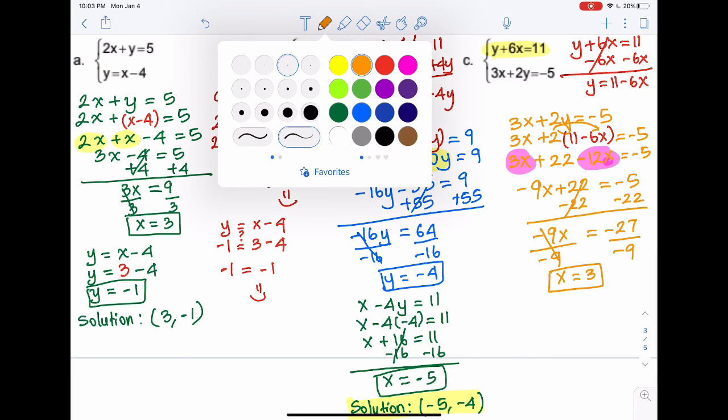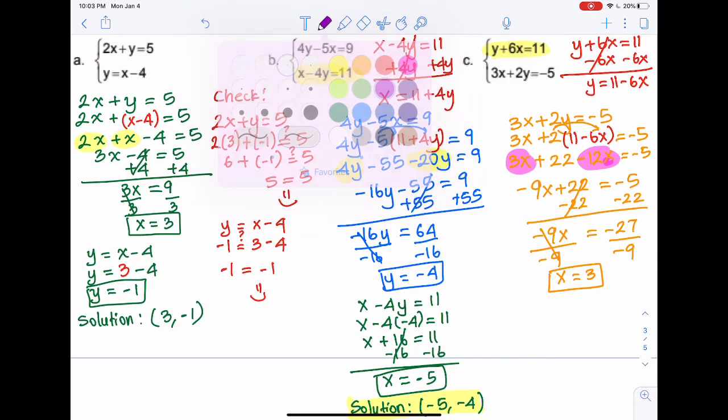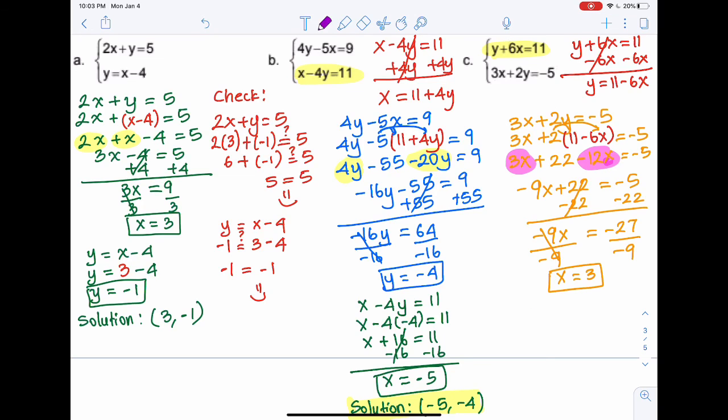Let's use another color, purple. y plus 6x is equal to 11. y plus 6 times 3 is equal to 11. y plus 18 is equal to 11. Subtract 18 from both sides. And from here, y will be negative 7.